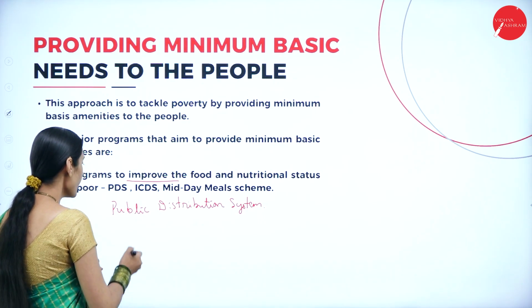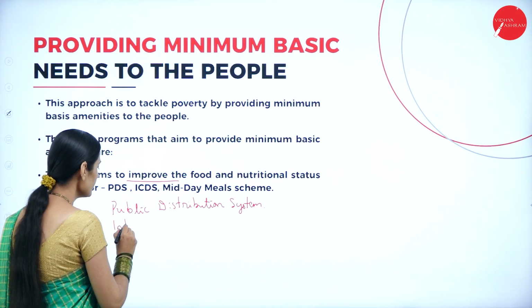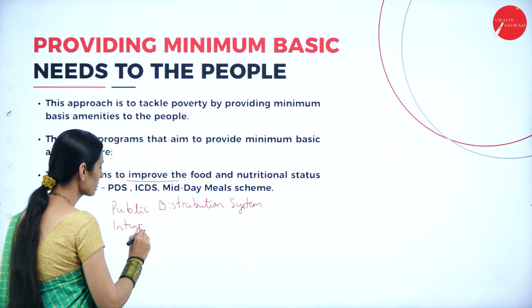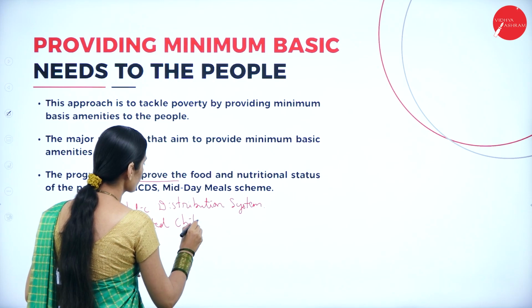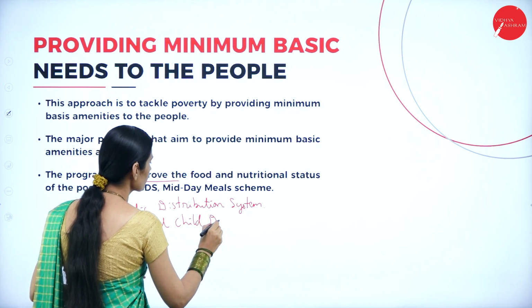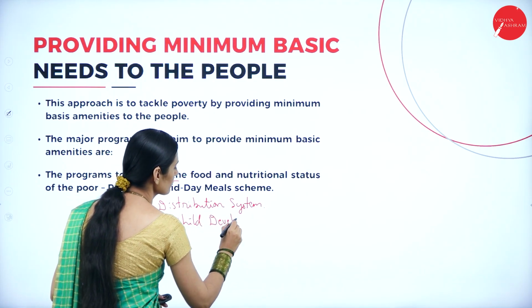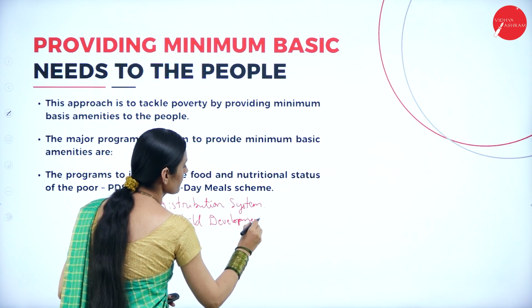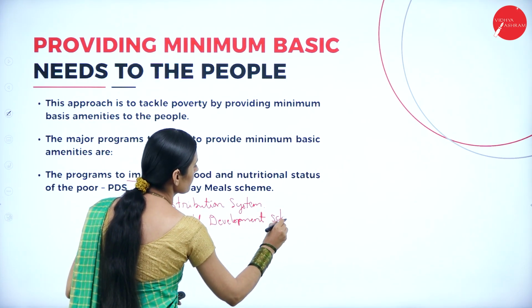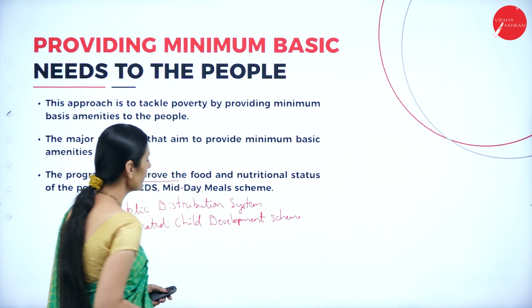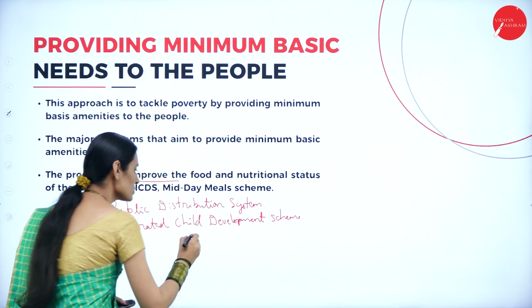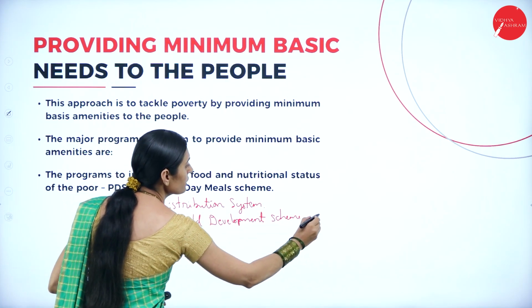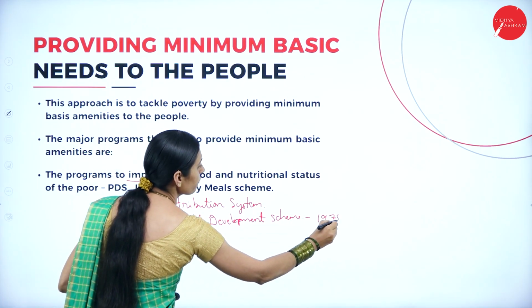And the second one, ICDS, the Integrated Child Development Scheme, which was initiated on 2nd October 1975.